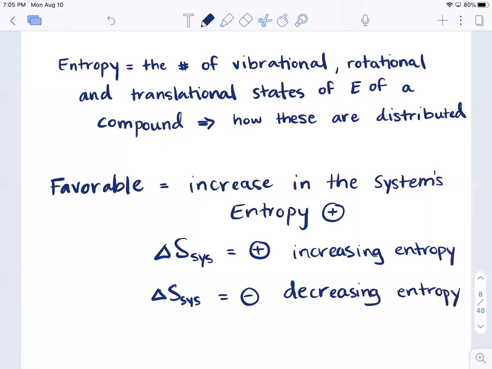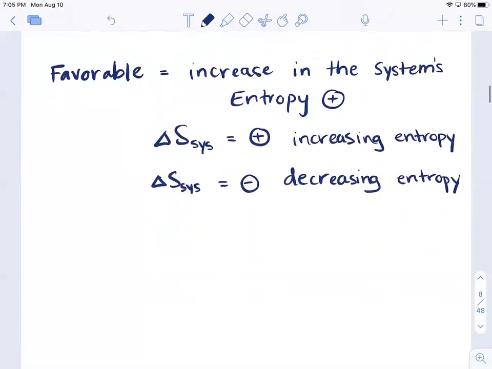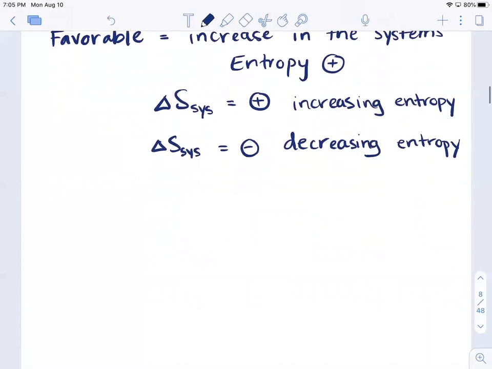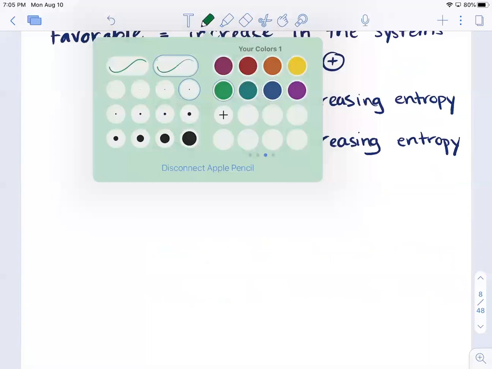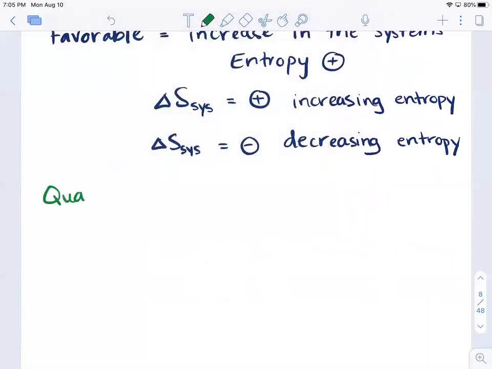You can think about that as more order, right? And that was not favorable. So when looking at entropy, one thing I definitely want to say is how we can qualitatively look at entropy. And that's the key. It's going to be a qualitative look at entropy. We won't have numbers associated with it.